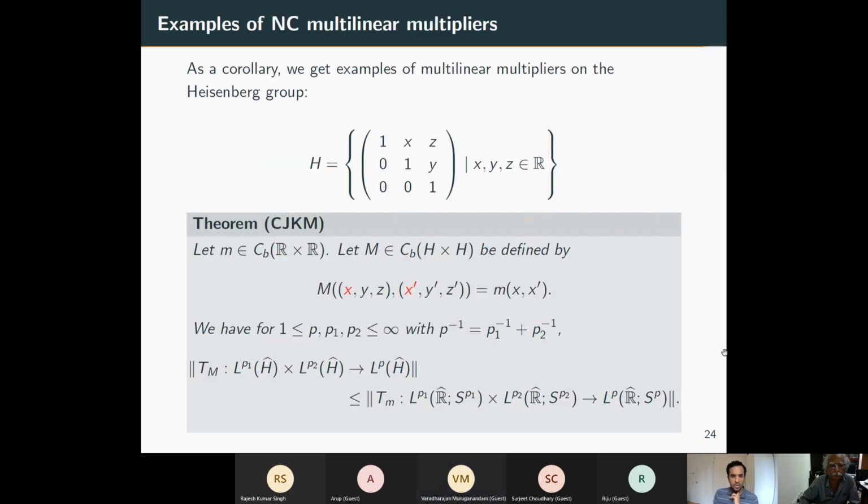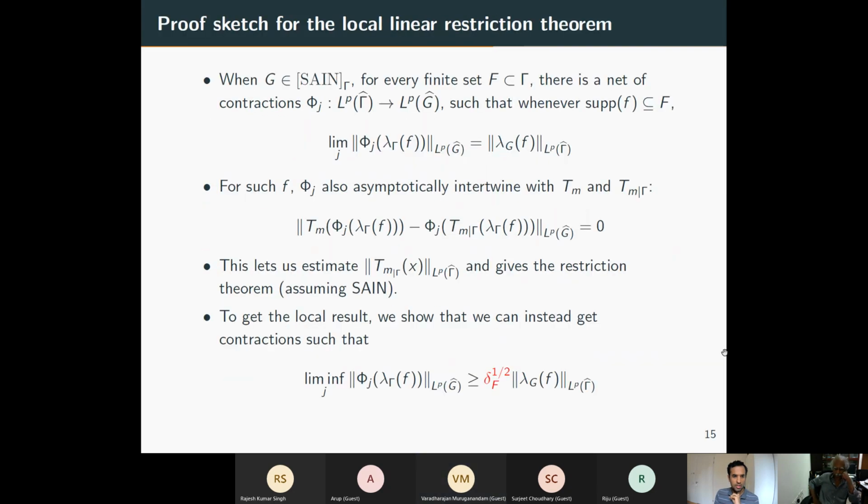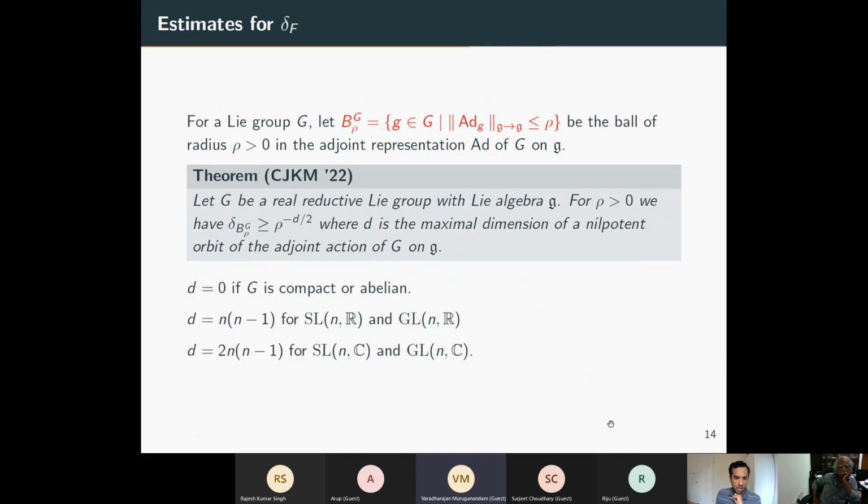In fact, we are quite interested in SL n of R because so far there are no nice examples of multipliers on SL n of Z. Sorry, this is not directly answering your question.